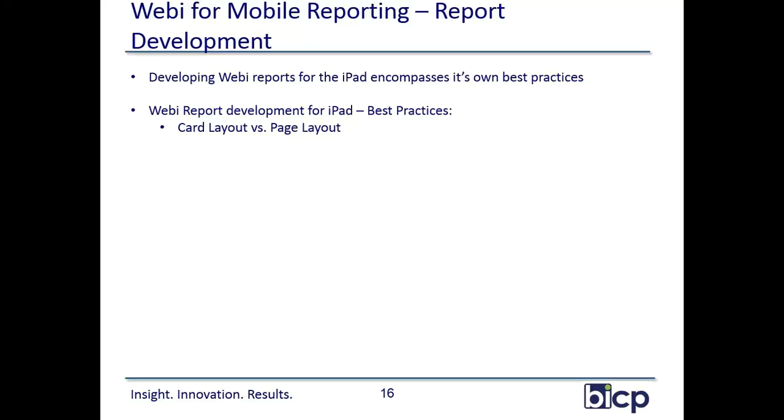Now, the other layout option is what we call the page layout. To enable the page layout, in addition to publishing your report to the mobile category, you'd also need to publish it to that mobile design category that we talked about earlier in the presentation. As you might have guessed, the page layout means all the report elements that reside on the very first page of your Web Intelligence report are going to fit onto one page on the iPad.